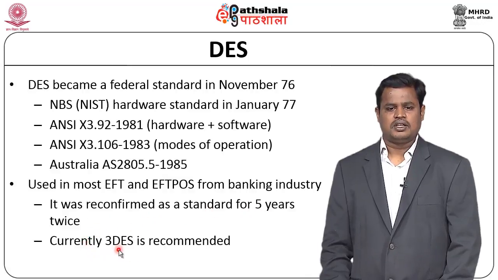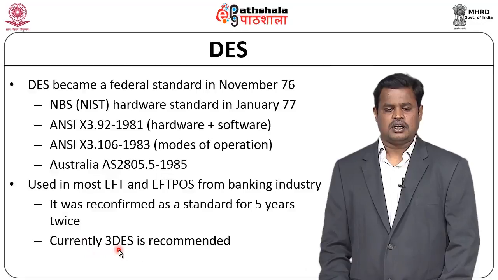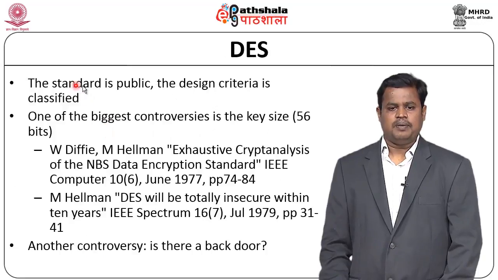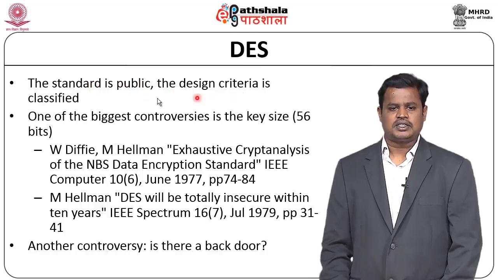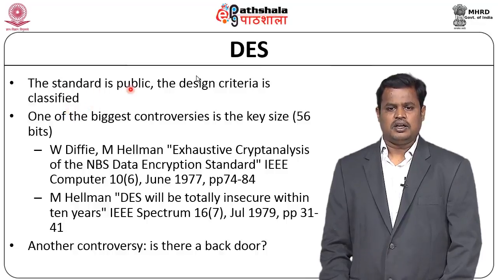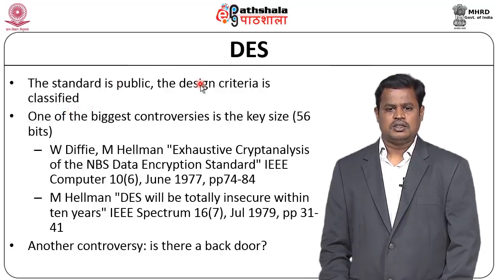Currently, triple DES is recommended. The standard of DES is public, but the design criteria are classified. That means anybody can use the standard, but they never revealed the design criteria of the DES algorithm.